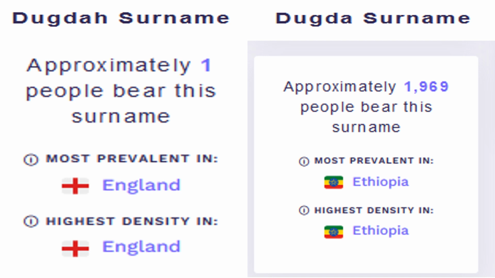Now, the first part of that name yields a very interesting result here. When you look at the totality of the spelling, you see there's only one person bearing this root name, and it is in England. And then you see the variation of it primarily in Ethiopia, 1,969 people with this name.